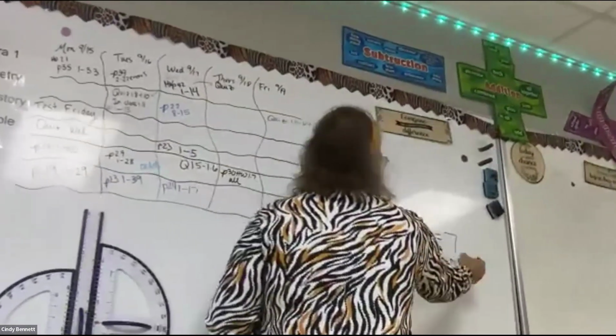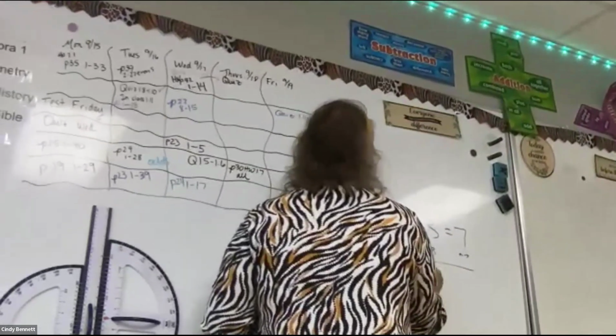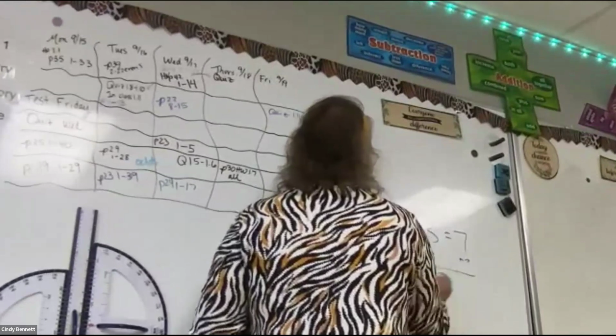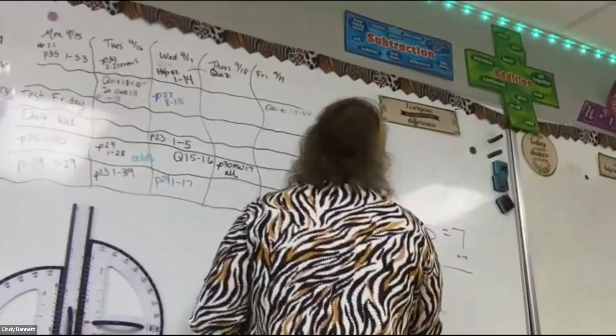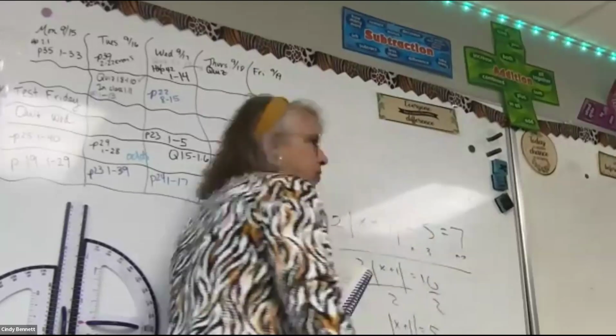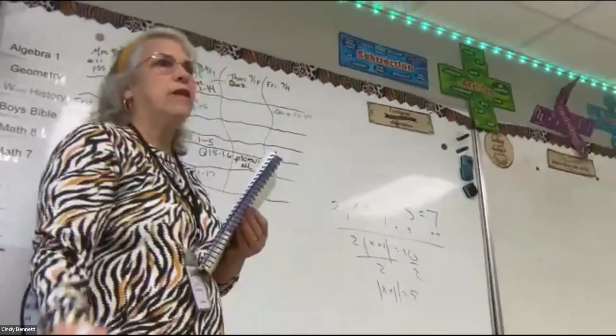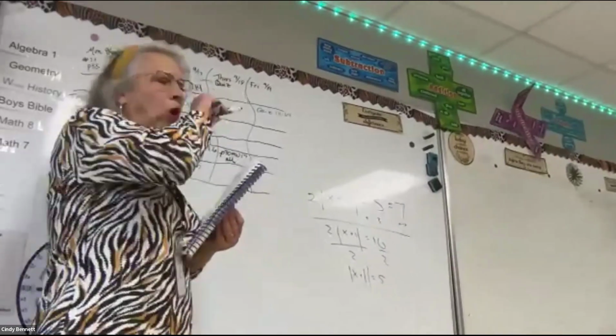Add 3 to each side. 2 times this equals 10. Now we divide everything by 2. Absolute value of x plus 1 equals 5. So now we have isolated the absolute value sign. Get that?